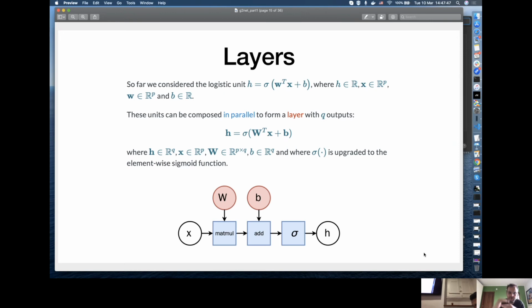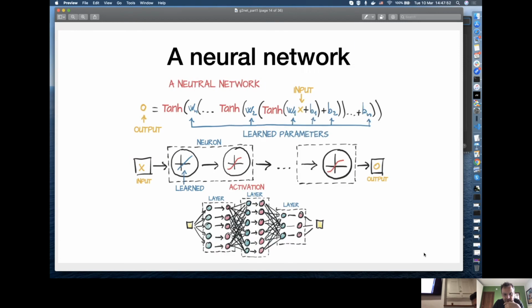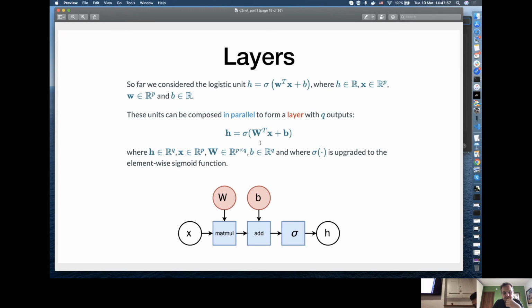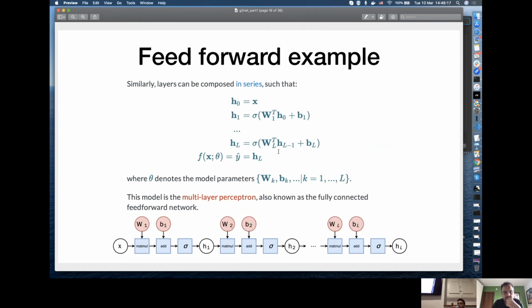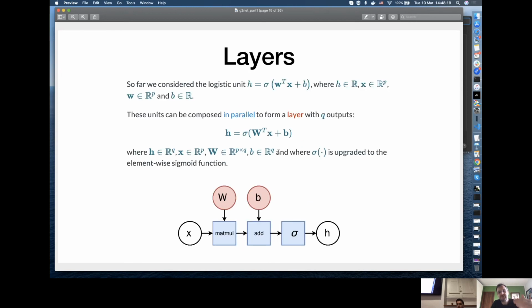These units can also be composed in parallel, as we saw in the previous slide. So W at this point becomes a matrix, and so you really have a linear transformation plus a constant going through a nonlinearity that produces another vector that has dimensionality Q. So this is the representation of just one layer with many units.